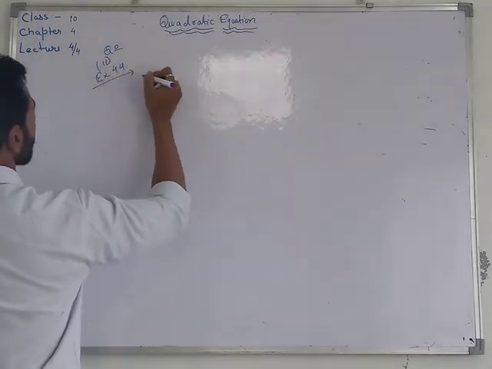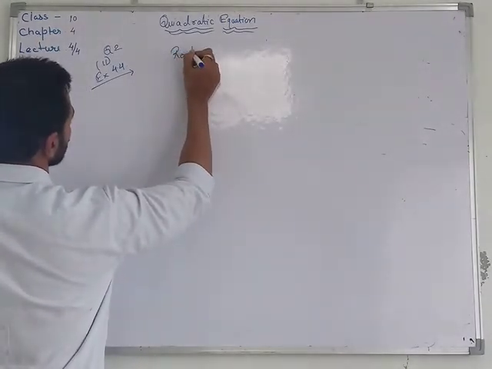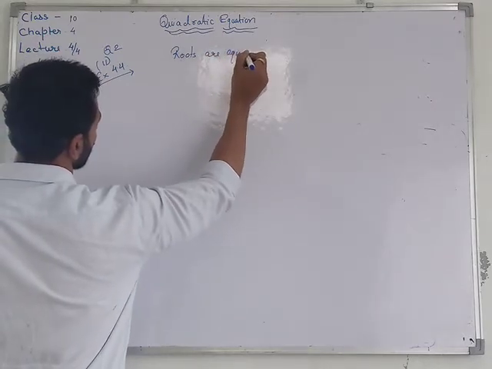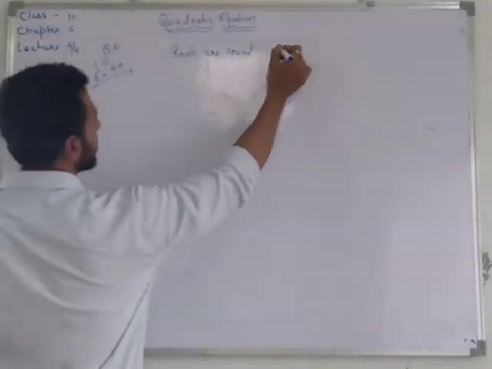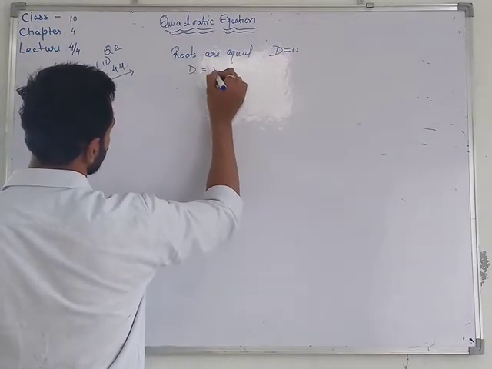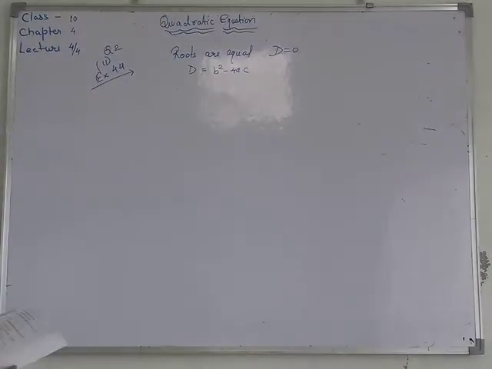Condition is given that the roots are equal. Roots are equal means d is equal to 0. What is d? d is b square minus 4ac. We have to identify the value of k.